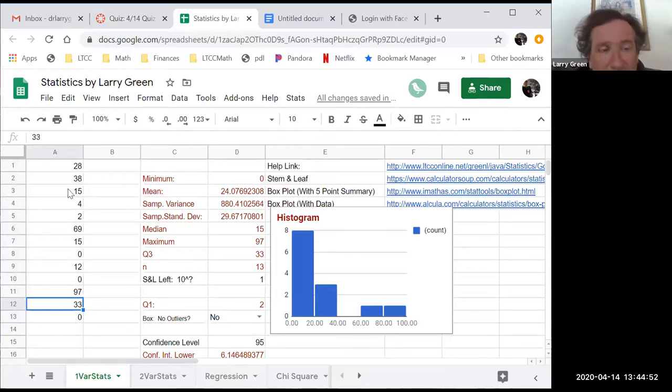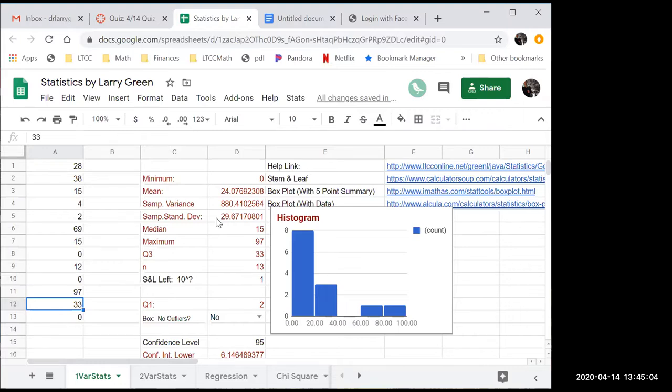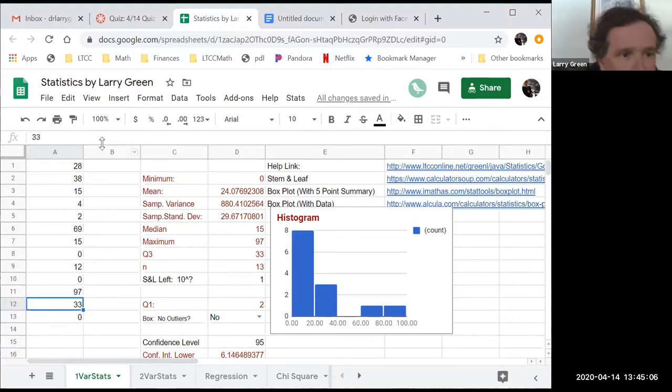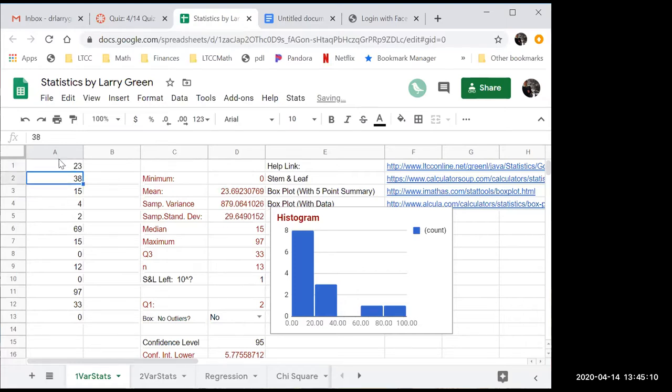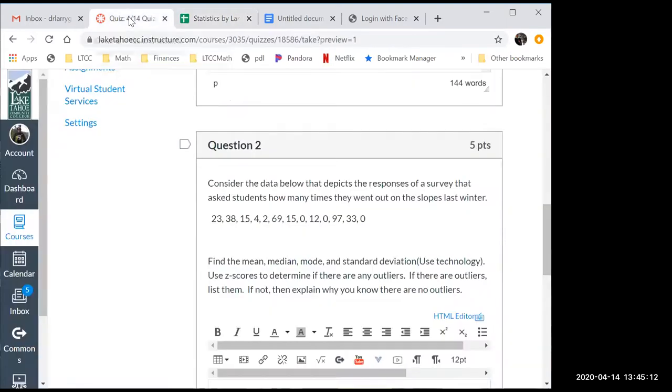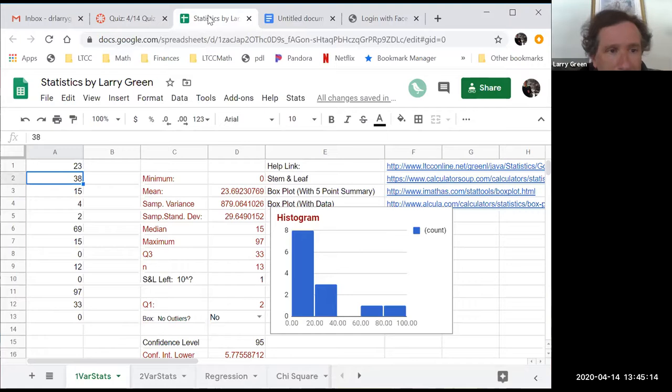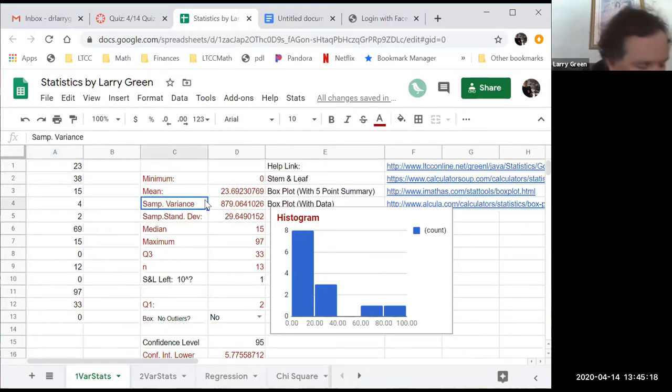Okay, so now what I do is I say the mean is 24. So I can write that down. Mean is 24. 28 should also be 23. I have another one, the top one, 23. Probably a quick reading typo. So it's 23.69.